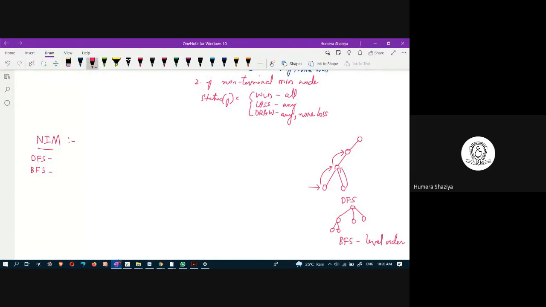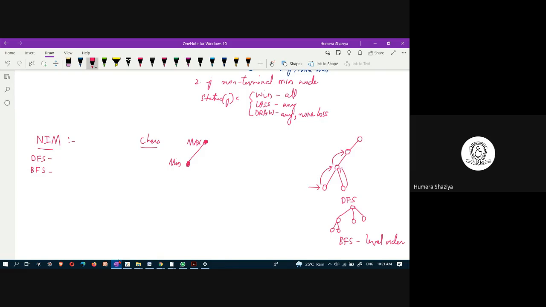When you are playing chess, how do you play the chess game? Consider you begin. Max begins. Max takes its move. Then next, suppose we are building a tree. Next, who should play? Min should play.